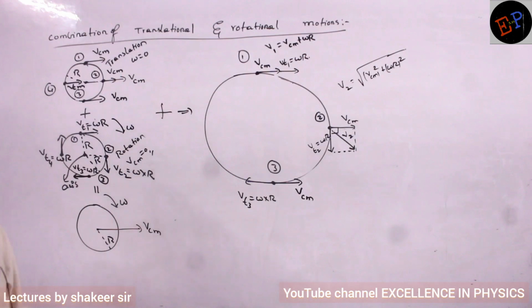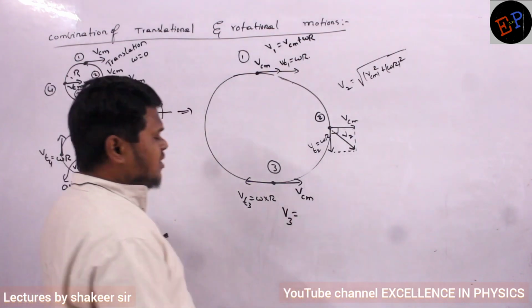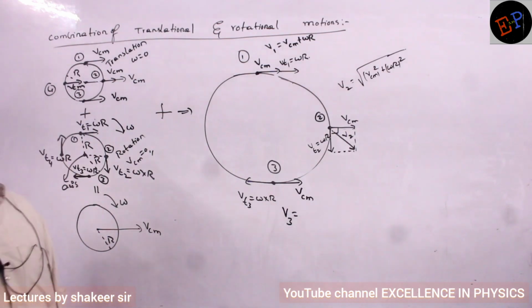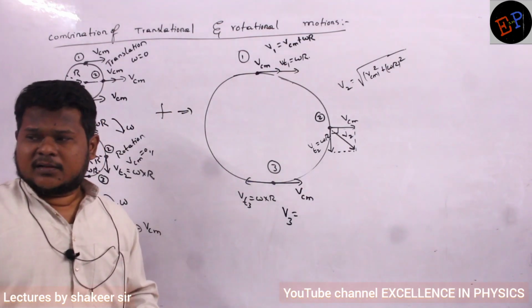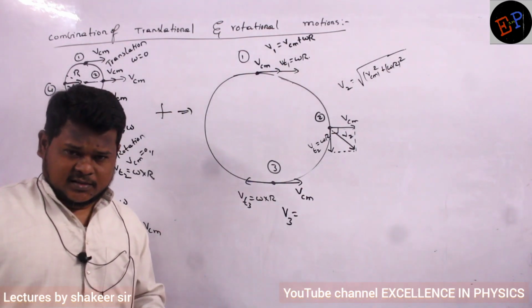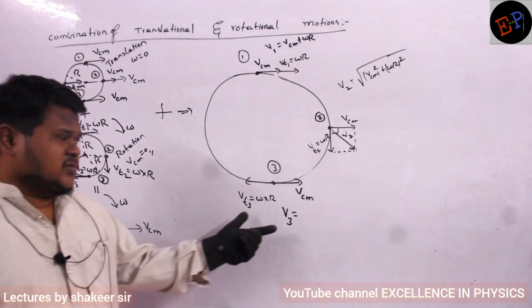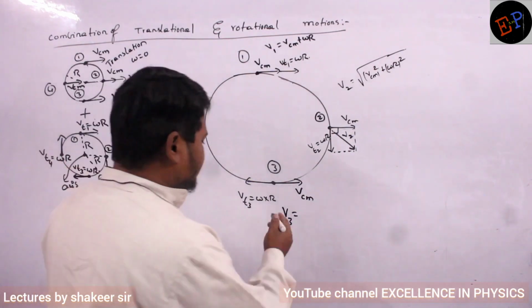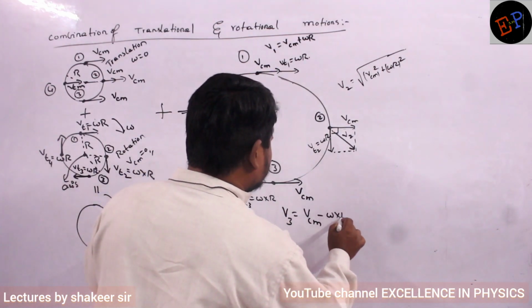Then what is the net velocity of point 3? You cannot say it is 0. Why? Because did I say that the velocity of center of mass and Vt3 are equal in magnitude? I did not say. Then how can you say it is 0? You just have to subtract them, that's all. Clear now? So V3 is equal to velocity of center of mass minus omega into r.